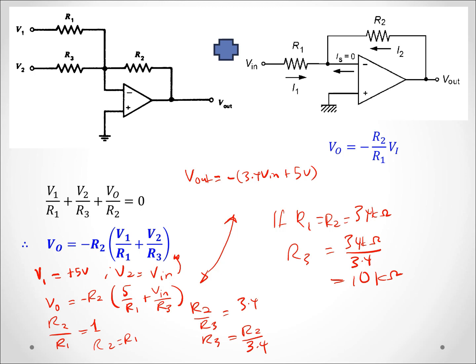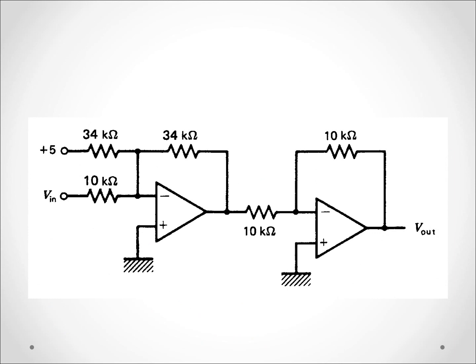In this case, we choose both R2 and R1 as 10 kilo ohms. So now we can complete this circuit. Here is the complete circuit where we combine the summing amplifier and the inverting amplifier to solve the problem.